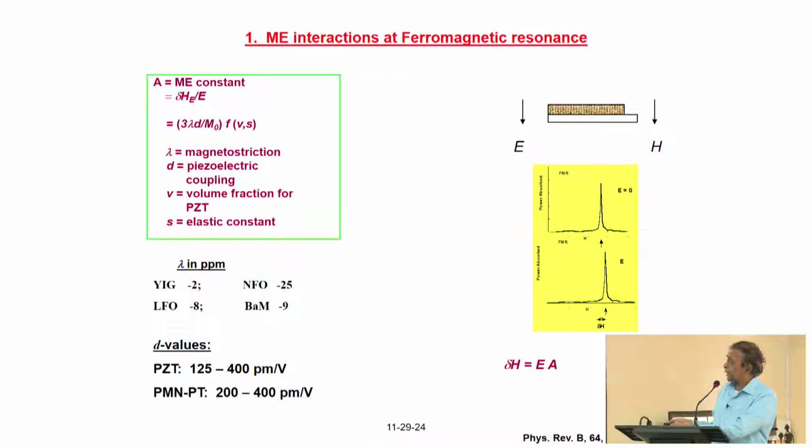Then you draw a graph relating delta H to E, and the slope of that would be the coefficient of the converse magnetoelectric coupling, this term A. Now, we are going to discuss most of the devices based on yttrium iron garnet.